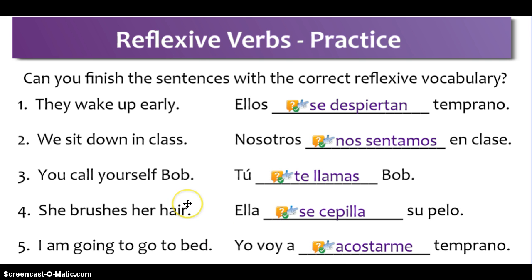I'm not going to conjugate this verb because I'm not actually going to bed yet, but I'm going to go to bed. But I do want to make sure that my reflexive pronoun changes from se to me to correspond to yo, which is the subject of my sentence. So keep practicing your reflexive verbs and your reflexive pronouns.